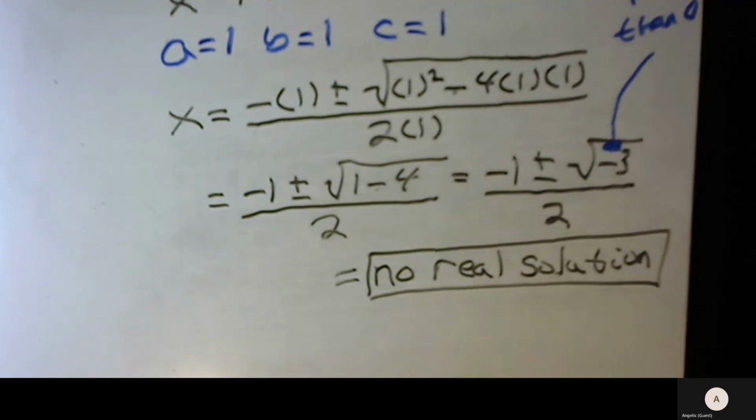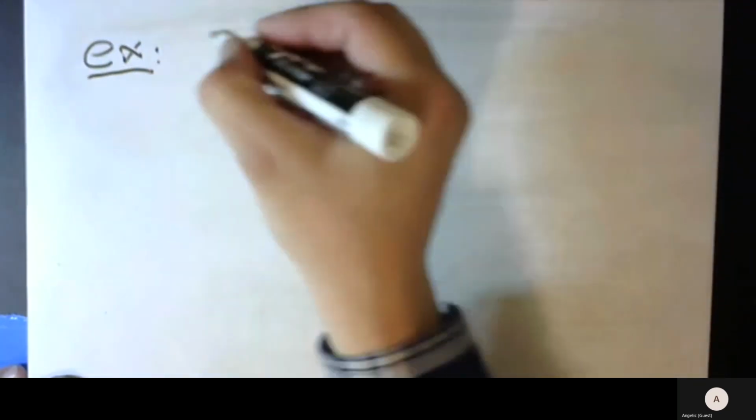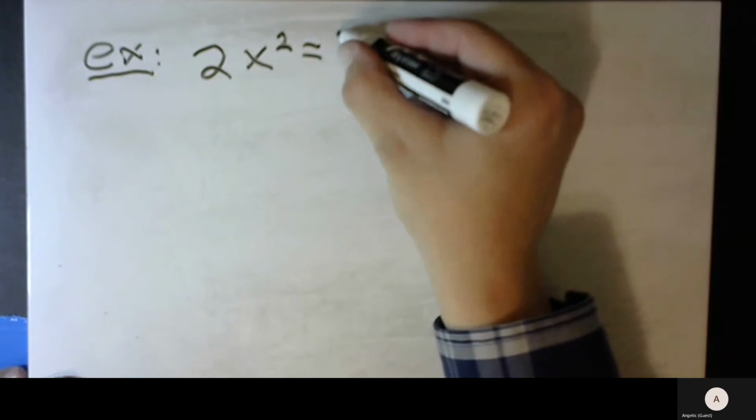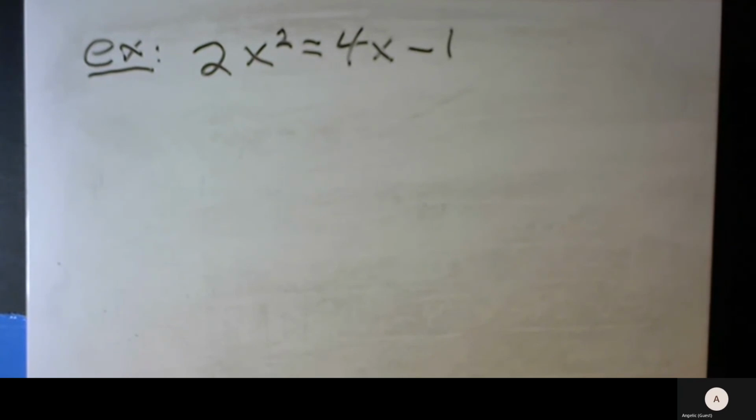All right. So let's take a look here. There's one more type I want to show you. Let's say we have this.